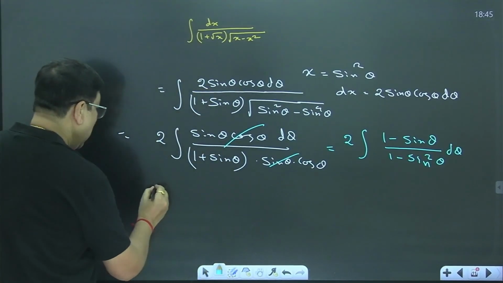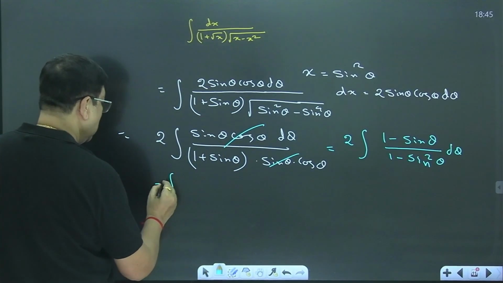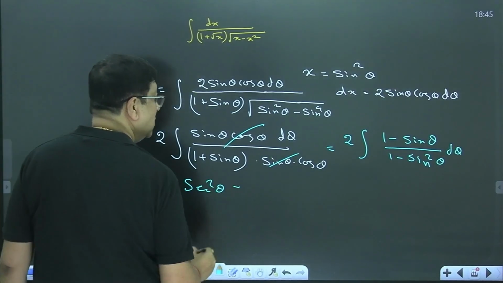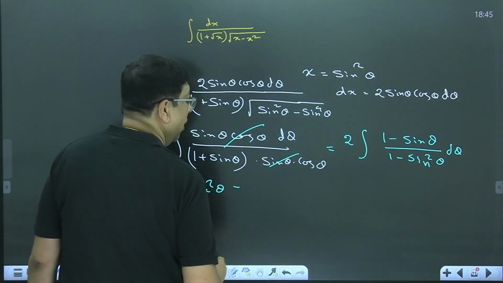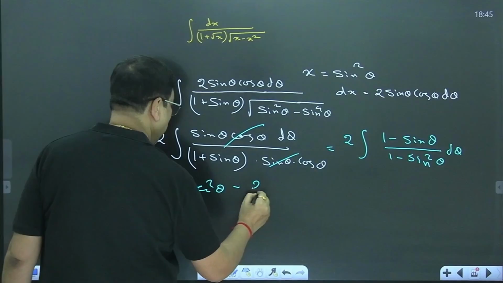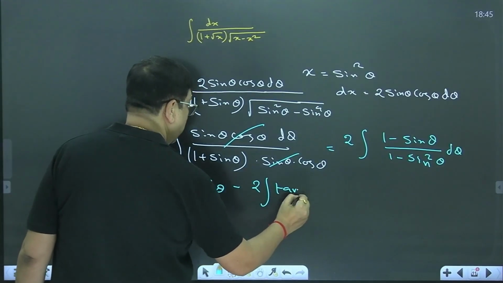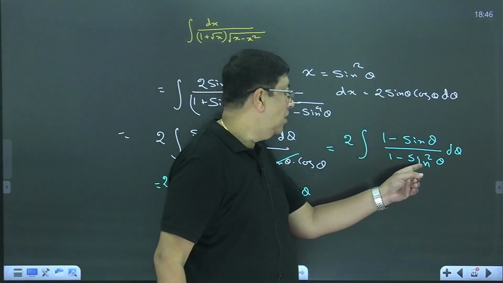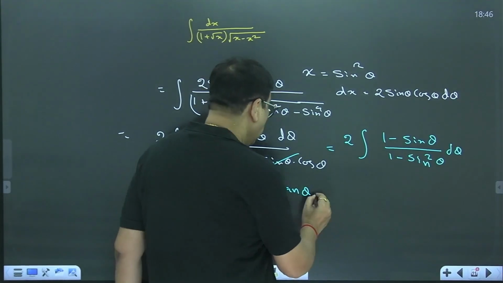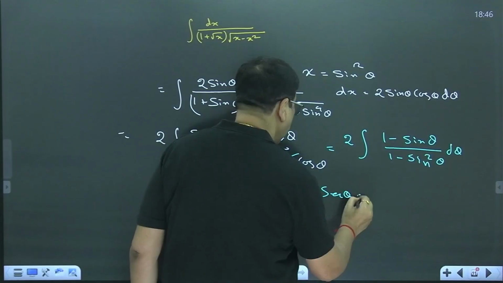So 1 by cos square theta, if I separate, 2 is outside, that is sec square theta minus sine theta by cos square theta, meaning sine theta by cos theta, tan theta, into sec theta. So direct integral we are getting, everybody.